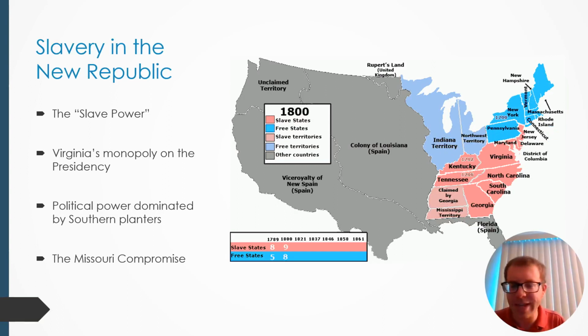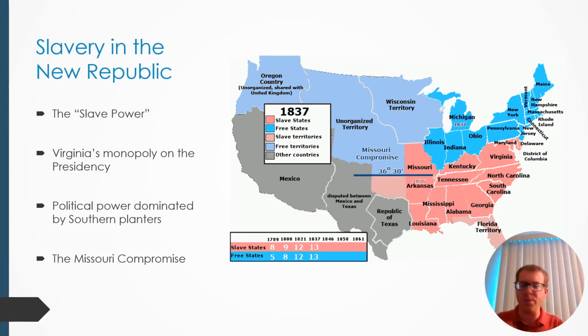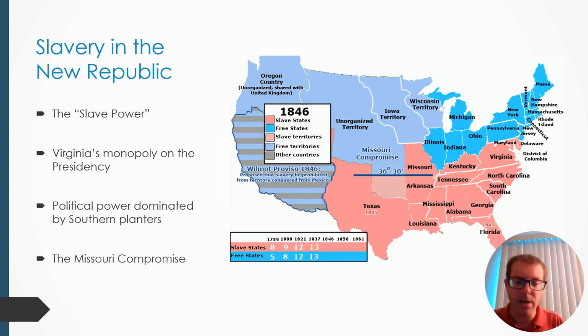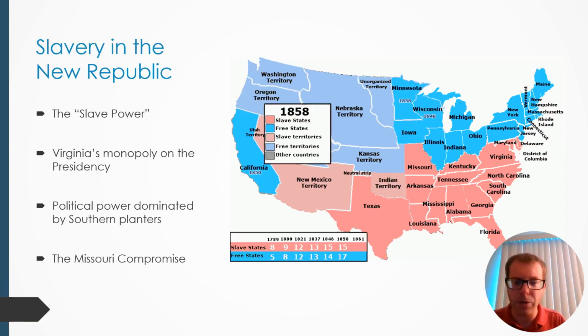But Missouri itself is actually not really suited towards plantation agriculture. You can't actually grow cotton there, or only a little bit of tobacco. So it's not really suited for the type of plantation slavery that much of the South is practicing. Nonetheless, because it's settled by mostly pro-slavery Americans, they petition Congress to join as a slave state, or as a state that legalizes slavery.